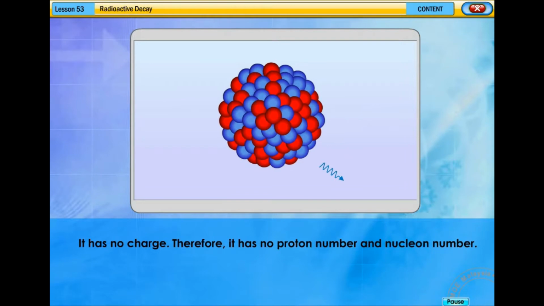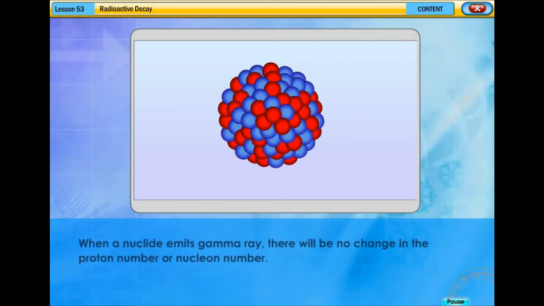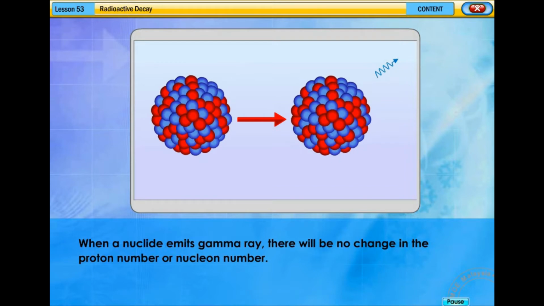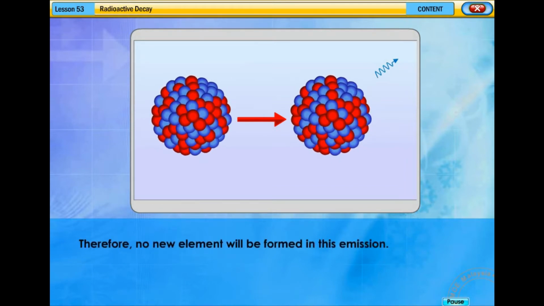It has no charge. Therefore, it has no proton number and nucleon number. When a nuclide emits gamma ray, there will be no change in the proton number or nucleon number. Therefore, no new element will be formed in this emission.